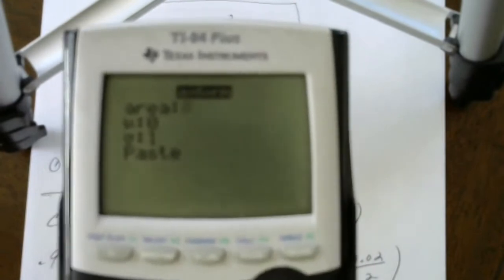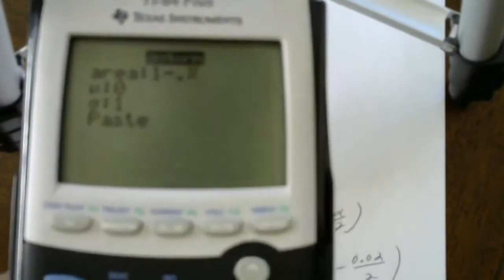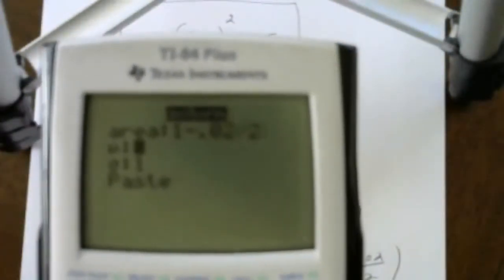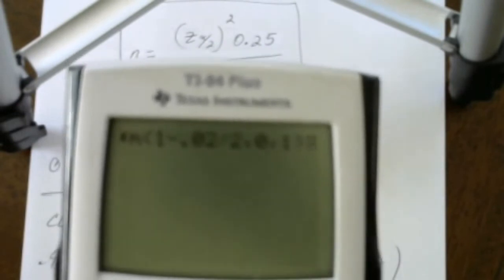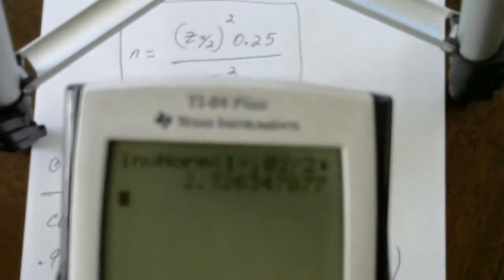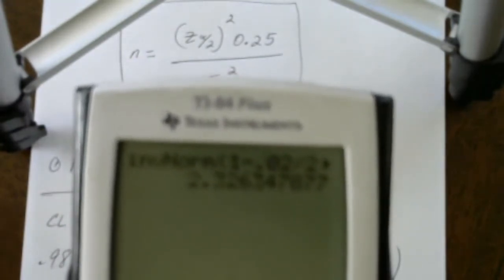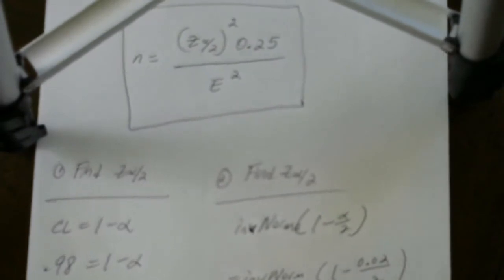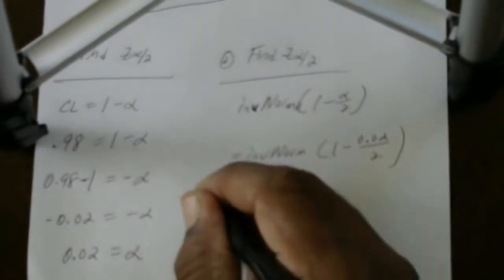I want to clear that out. I put in 1 minus 0.02 divided by 2. My mean is 0, my standard deviation is 1. I hit enter, and I get 2.33. So my Z alpha over 2 value is 2.33.